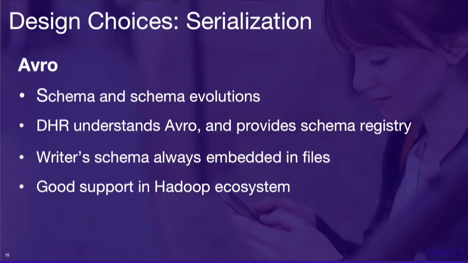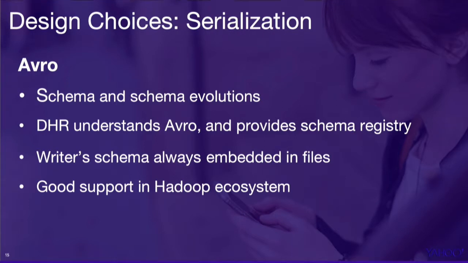The next design choice that we made was using Avro while transferring data over Data Highway. Some of the things we liked about Avro very much: one, Avro supported a strong notion of a schema, and that meant that we could protect against some of the bad data right up front.